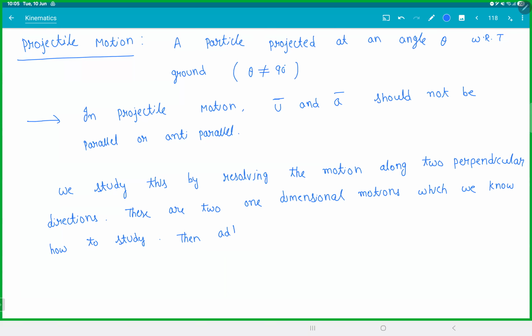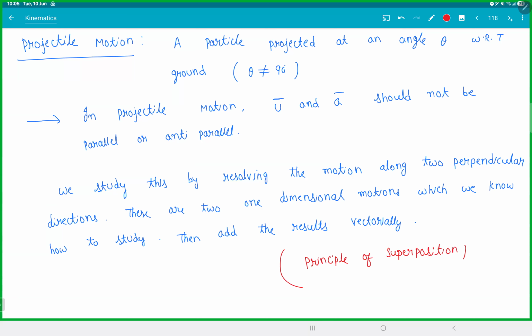Once you study them independently, whatever results you get, you can add the results vectorially. Let me show you how it works. This concept is actually called the principle of superposition. Ever heard this? Pretty powerful concept, comes up a lot in physics. We will see this later on.